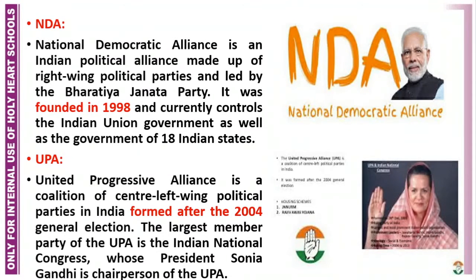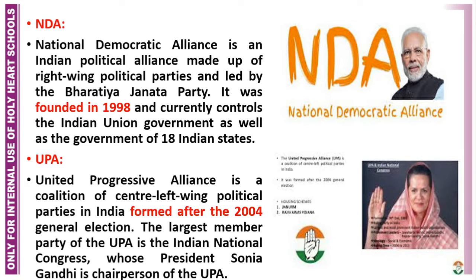Next is NDA. The full form of NDA is National Democratic Alliance. So, NDA is an Indian political alliance made up of right-wing political parties and led by the Bharatiya Janata Party. It was founded in 1998 and currently controls the Indian Union government as well as the government of 18 Indian states.